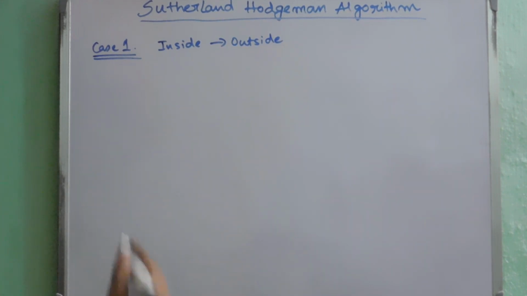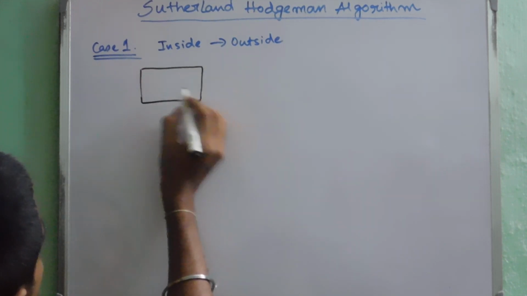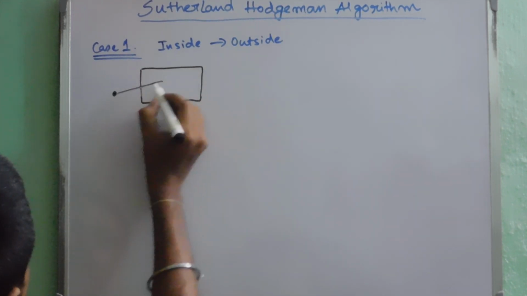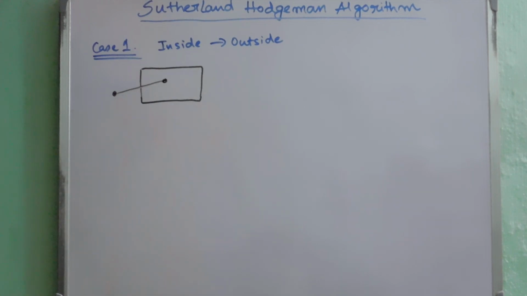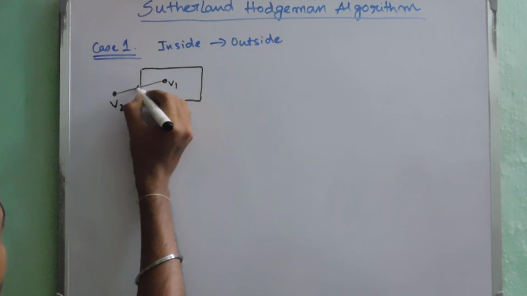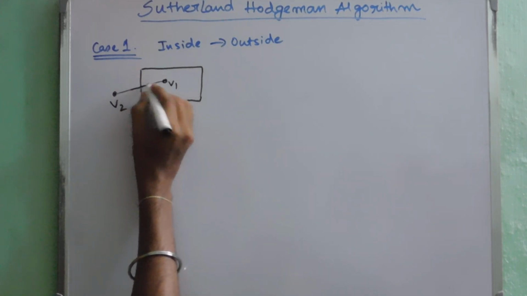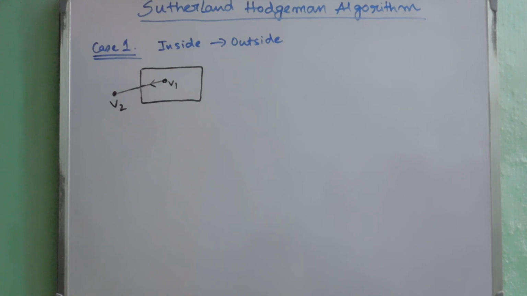Let's see what it means. Let's say this is the window and we have an edge of the polygon which reads V1, V2, and the edge is from inside to outside. So the direction is from inside to outside.